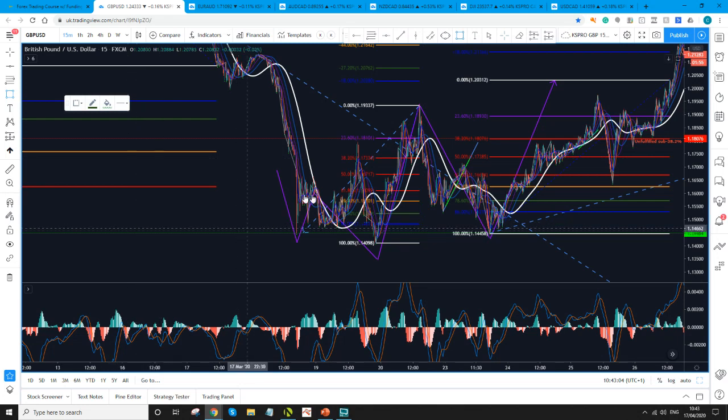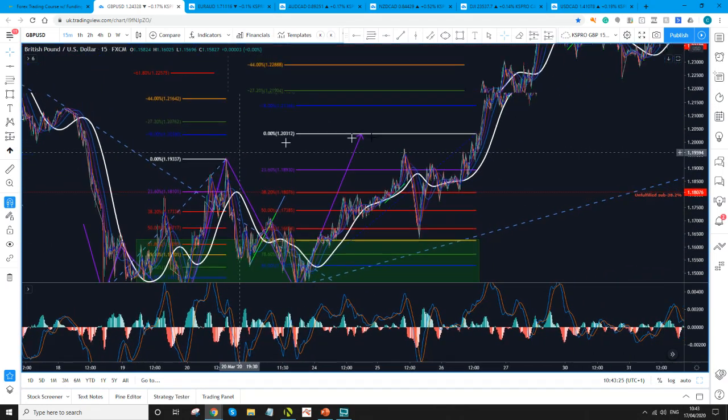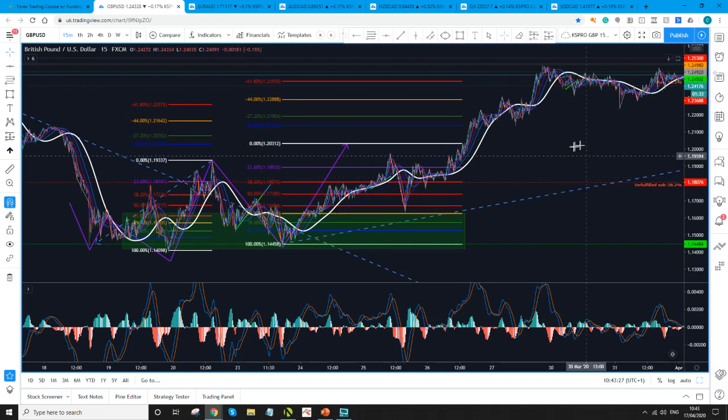This is essentially what I'm looking at in terms of a buy zone. I'm looking to get in at one of the Fibonacci retracement levels of the new fibs, ideally as deep inside the range as possible relative to that left tip, and then I'm looking to take it to the anticipated extension.